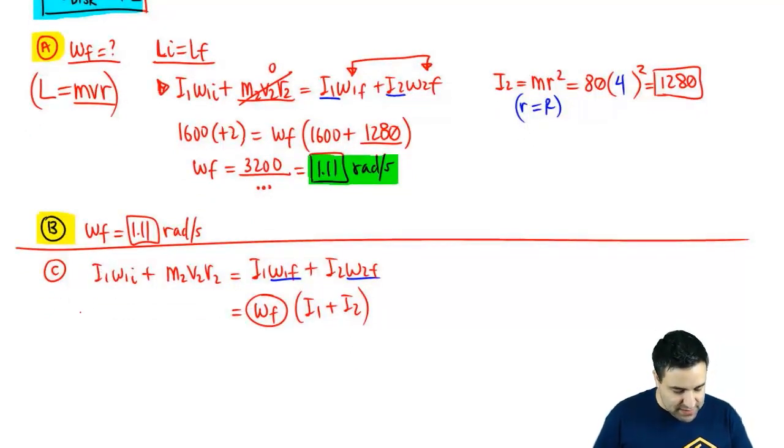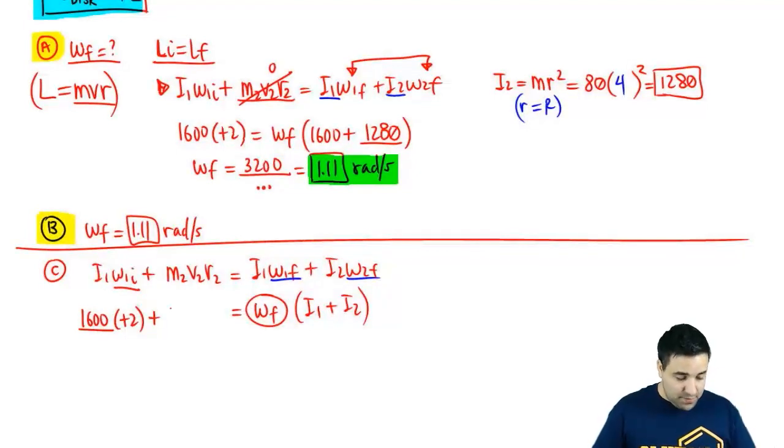The I of the disk is 1600. The I of this doesn't really change, so not the initial, but just the I of the disk is 1600. The initial omega, that's what I meant, is plus 2. Now here, the person, which has mass of 80, is jumping in with a velocity of 9. I want to leave a little bit of space here so we can put positive or negative.